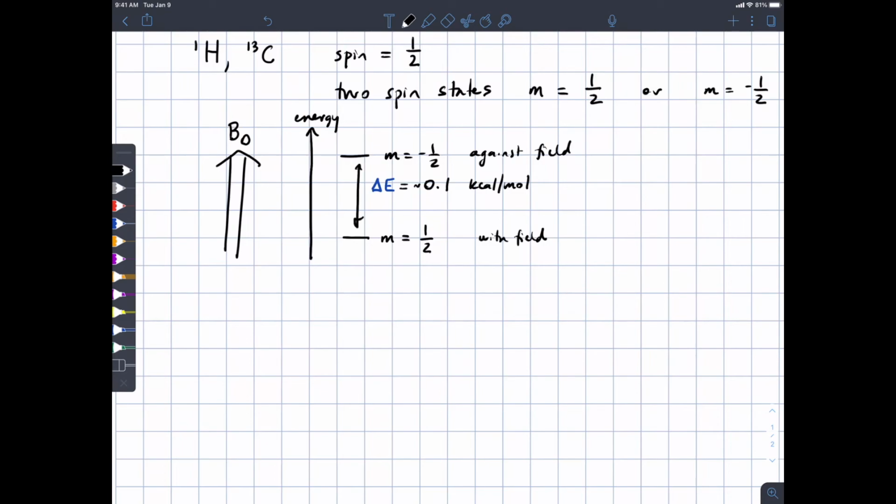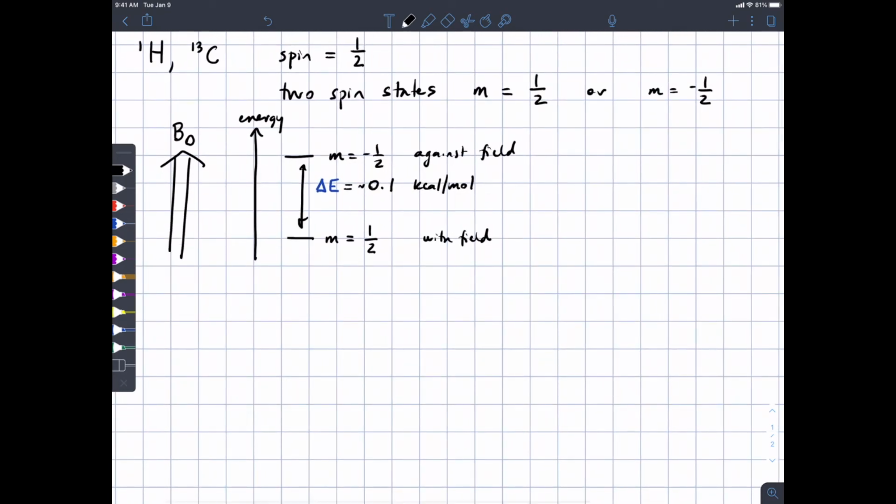If you calculate the equilibrium constant, what you would find is there's basically a 1-to-1 ratio of spin states in the magnetic field. Probably it's around 49.999% protons in the against field spin state and 50.001%. Even though the difference in population is in the thousandths place, this energy difference is sizable enough that we can measure it.